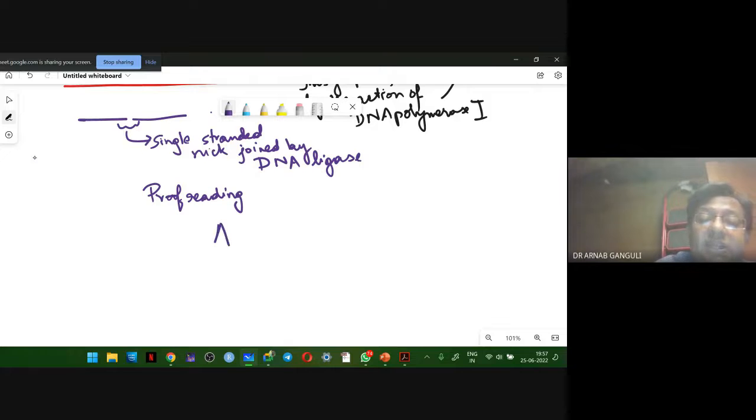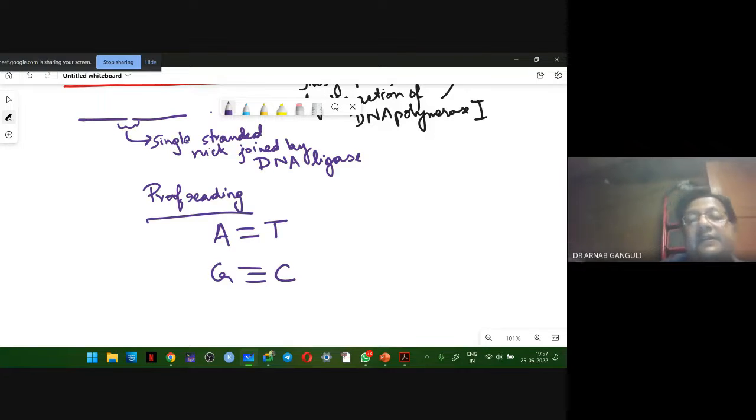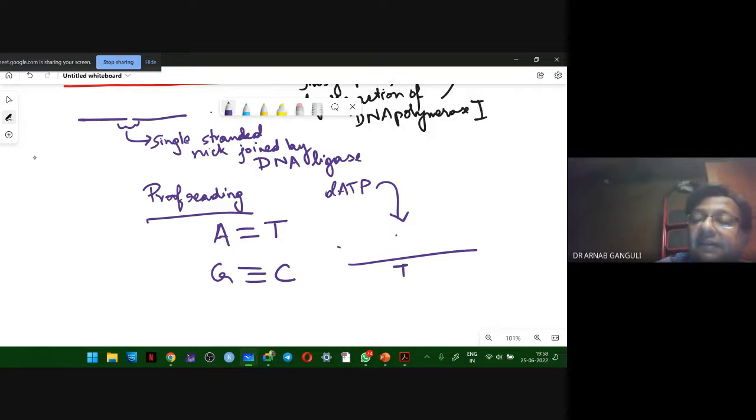This ensures that opposite to A, T is there, and opposite to G, C is there. By mistake, a dATP comes in a strand where there is T. Perfect, there will be a perfect match. But instead of that, if a dGTP comes, this is attached, dGTP is attached.